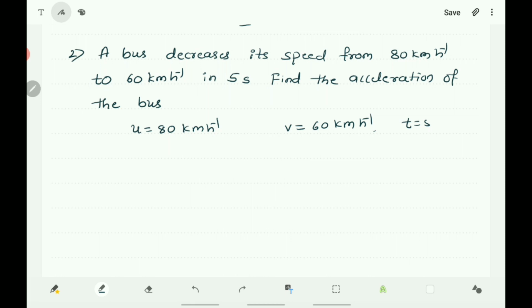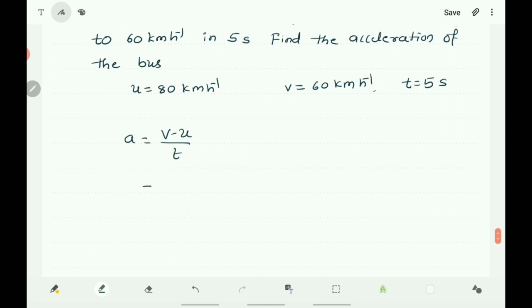Next you write the formula for a: a equals v minus u by t, that is 60 kilometer per hour minus 80 kilometer per hour by how many seconds?